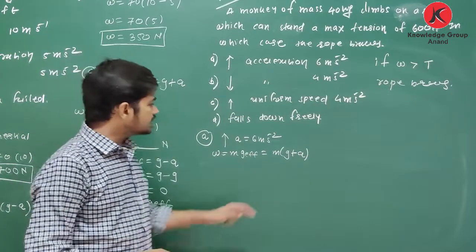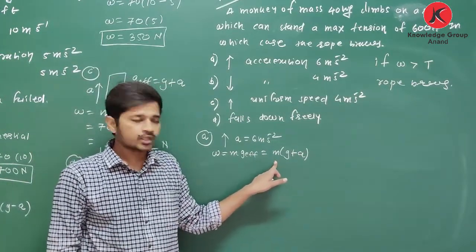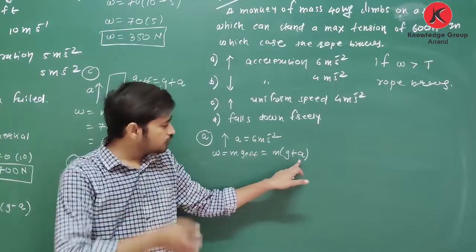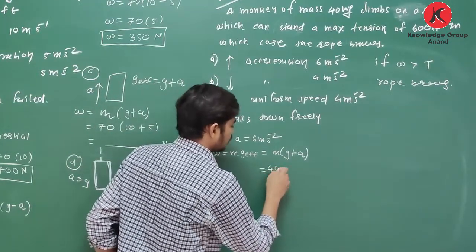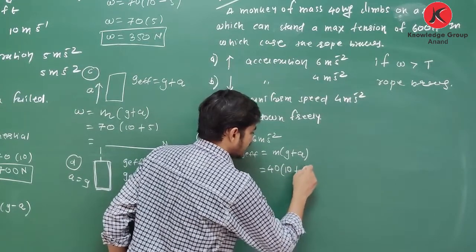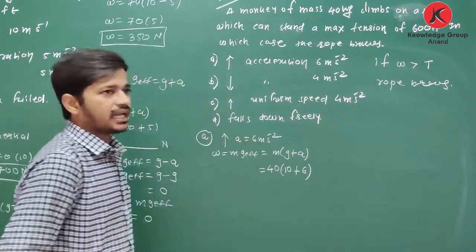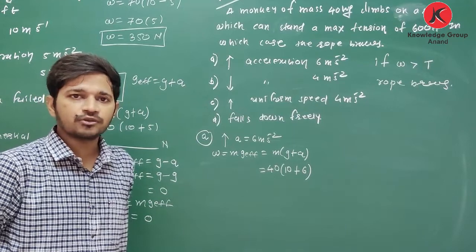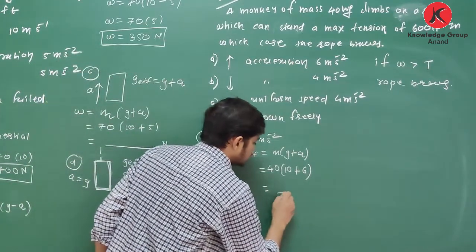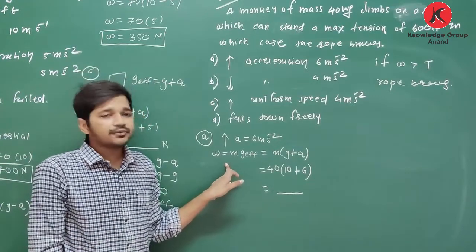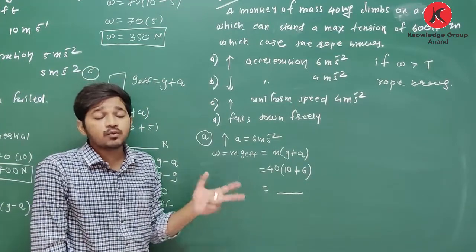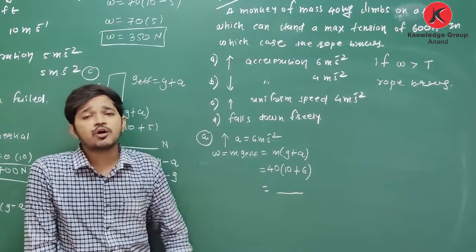You know the value of m, you know the value of g. m is 40, g you can consider 10, and a is 6. Clear about this? Write your answer. And if this W is greater than T, then what is your answer? You have to write in the comment box.